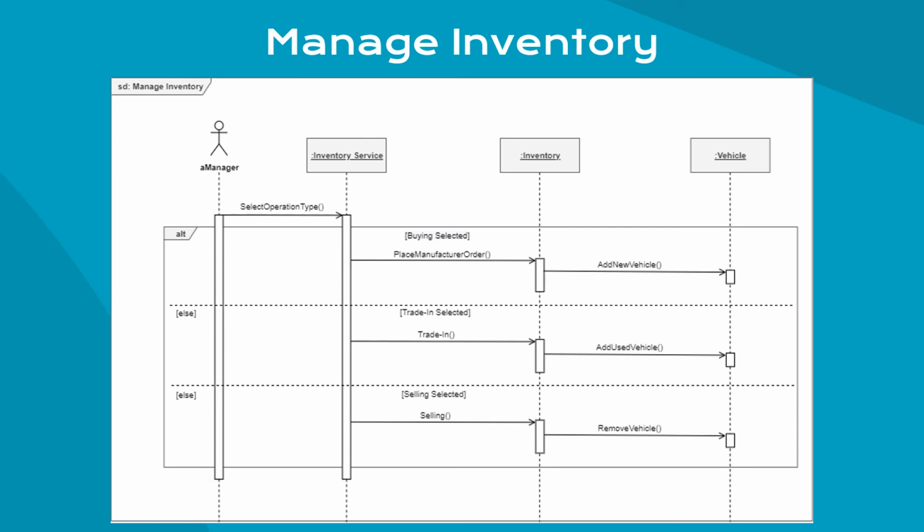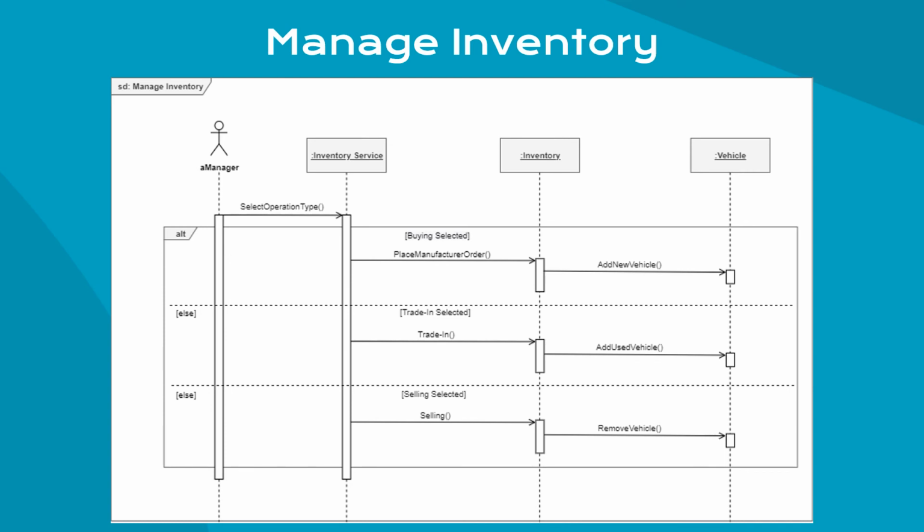Each of these operations is an alternative branch, and this is captured by the alternative sequence fragment denoted by the frame labeled Alt in the upper left corner. Each is also marked by an else statement, as only one alternative branch is taken at a time. So let's briefly walk through each operation from top to bottom.